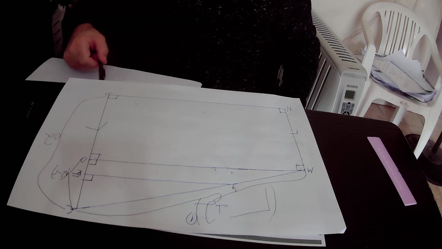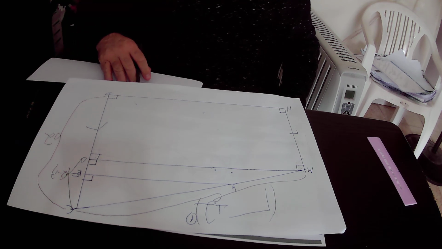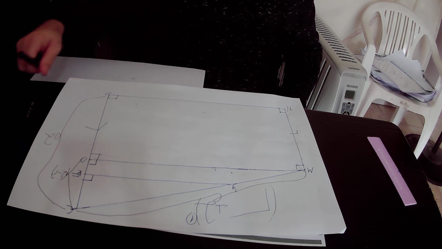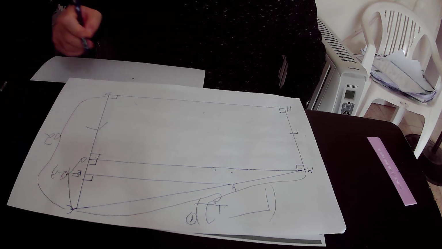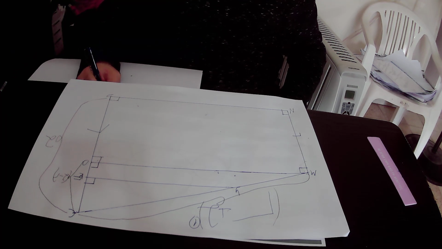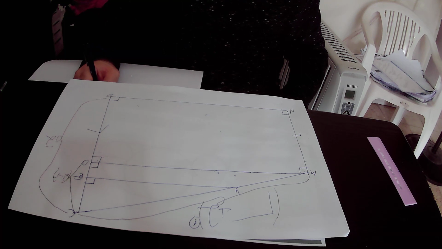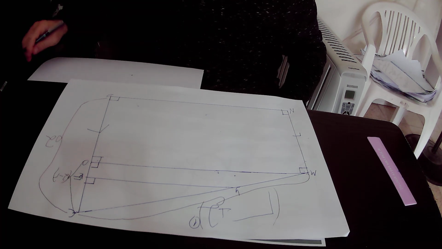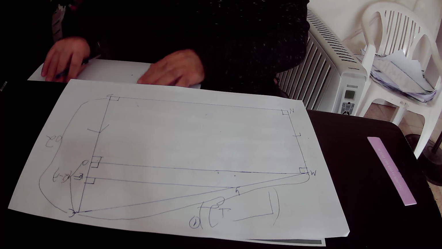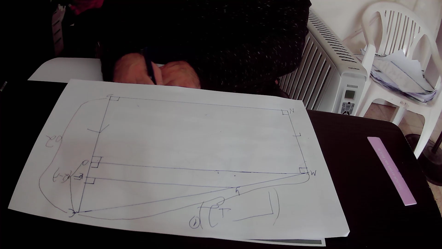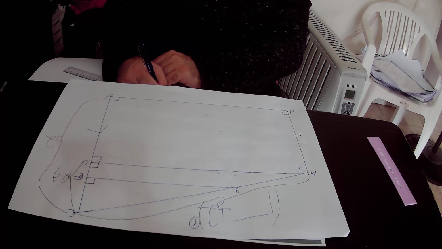In the right triangle CDM, according to the Pythagoras theorem, the square of the hypotenuse equals the sum of the squares of the perpendicular sides in any right triangle.